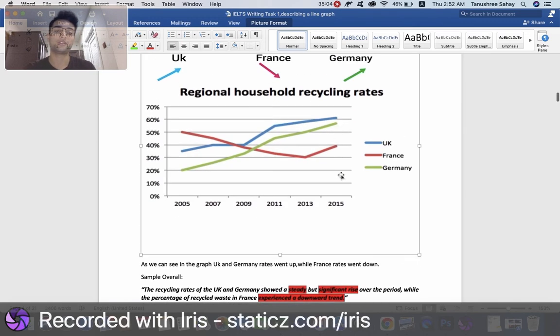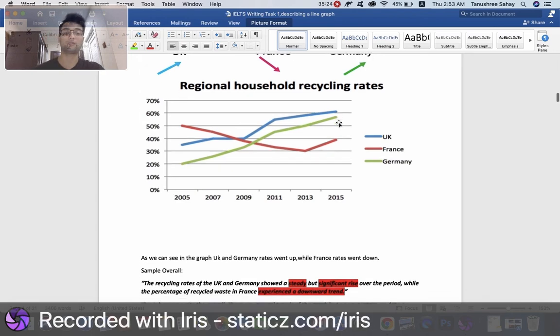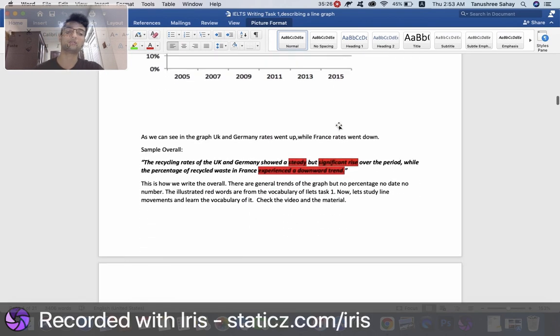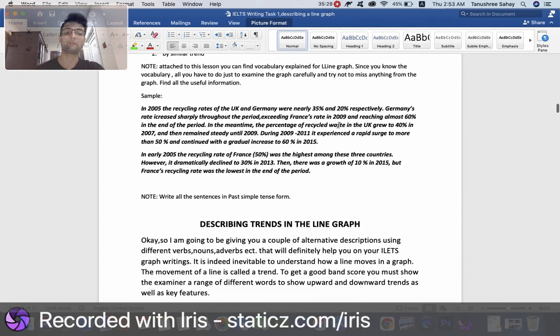So as you can see, in 2015, it reached about 60%. It's not exactly 60%, but it's about 60%. But the UK rate, as you can see, is a little over 60%. So if it's not 60%, do not say that it is 60%. Use adverbials like nearly, approximately, about, or some other synonyms for that.